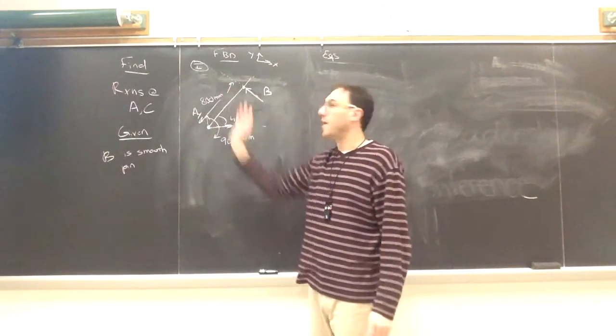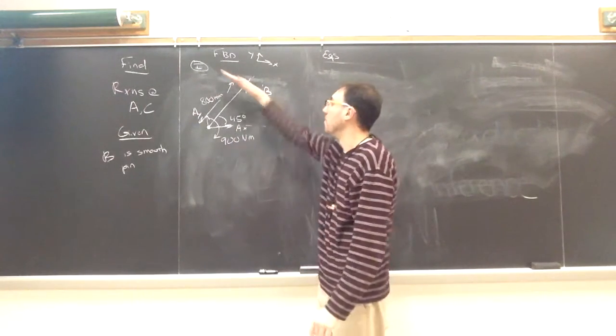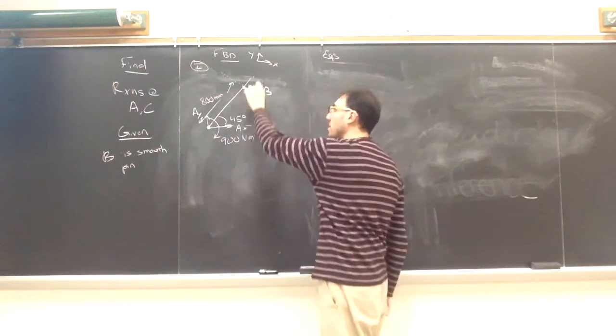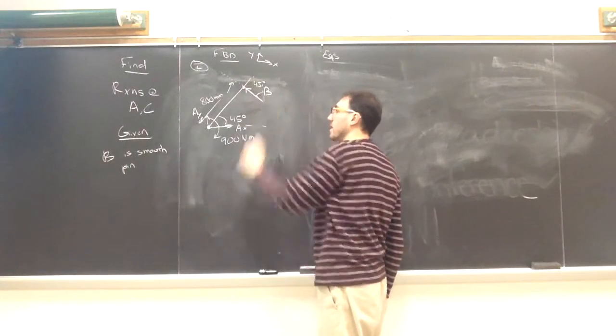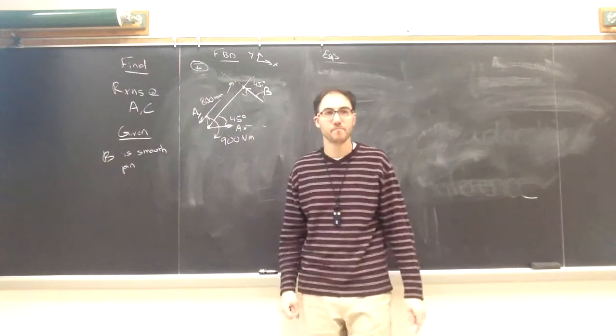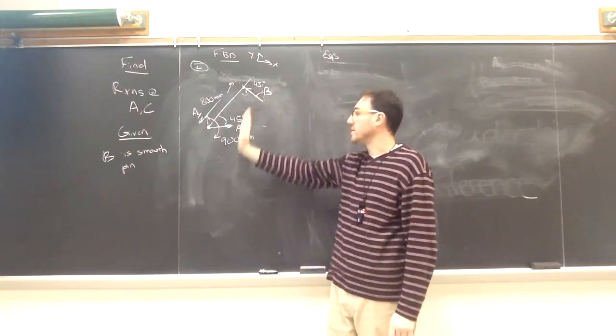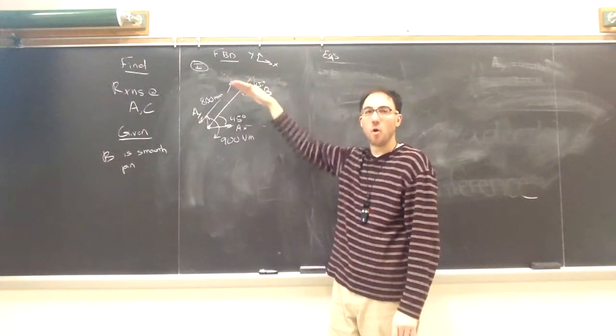Since this is at a 45-degree angle, that means that axis it cannot move in will also be at 45 degrees from, in this case, the vertical. And so motion is allowed along one axis, but it's prevented normal to that axis.